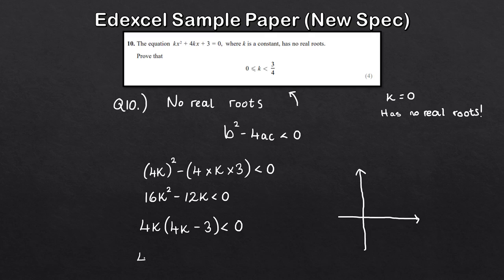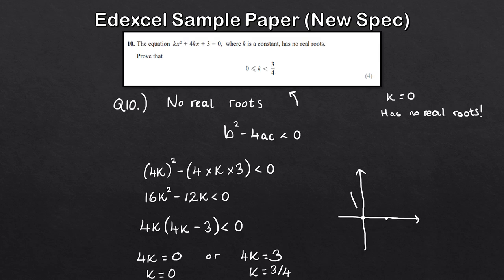We either have 4k equals 0, or 4k minus 3 equals 0, so 4k is equal to 3, and k is equal to 3 over 4. And this should be looking promising now, because they've got 3 over 4 and 0, and we've got the same here. So k is equal to 0, it cuts through 0 there, and it also cuts through at 3 over 4 there.